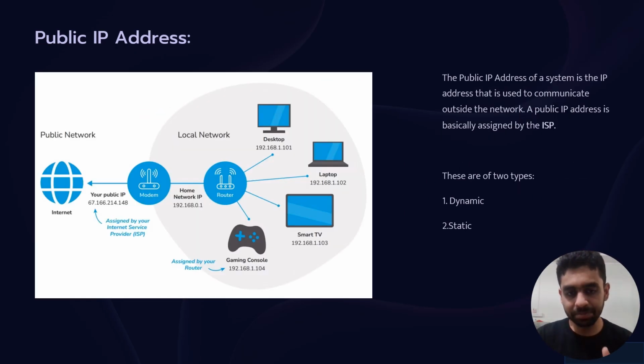And coming to a public IP address, it is given by an internet service provider. Let's say my internet service provider is Jio, and I want to communicate with a device which is in Boston, USA. That device will have a different internet service provider.